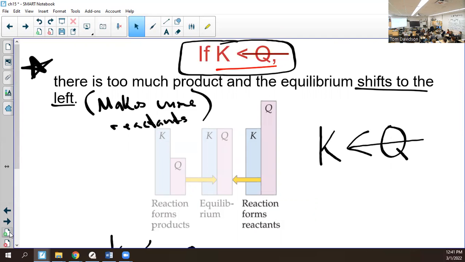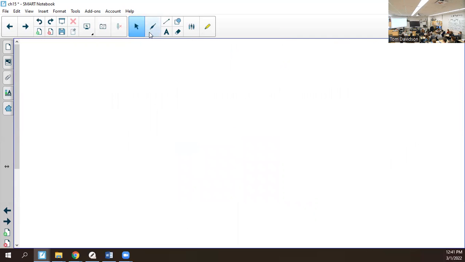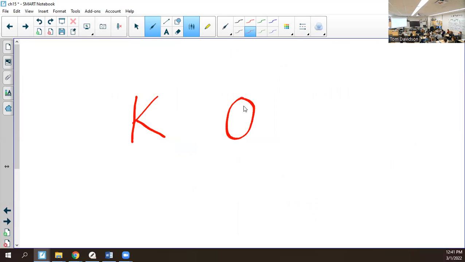I'll come back to this page in a second. But if you just always write them in alphabetical order where K comes before Q, your greater than or less than sign will point the direction the reaction would go. If K is less than Q, the reaction goes left.